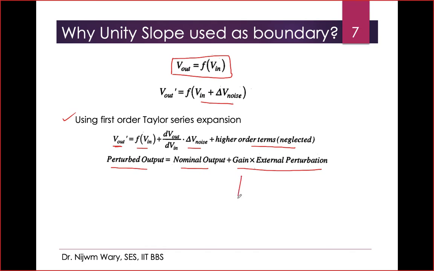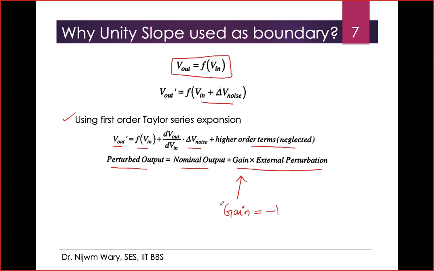That's why the boundary is taken where this gain is -1. Whenever the gain is less than unity in magnitude, I can say that the influence of whatever noise gets added to V in on the output of the inverter is very small.